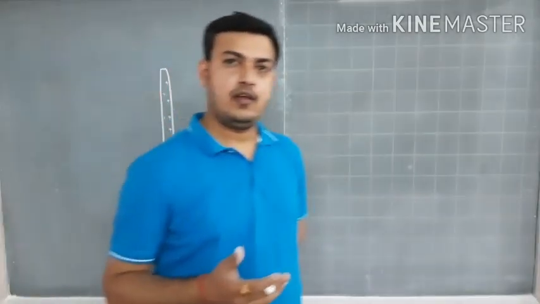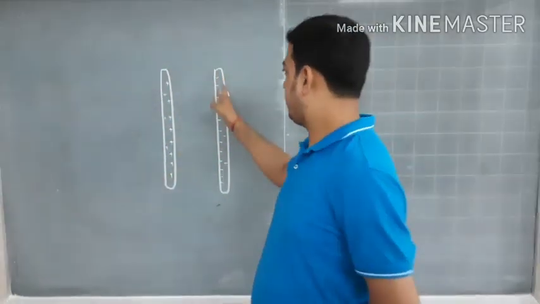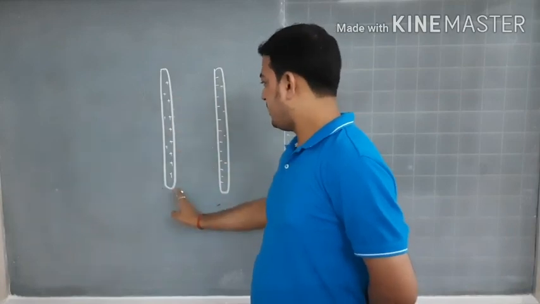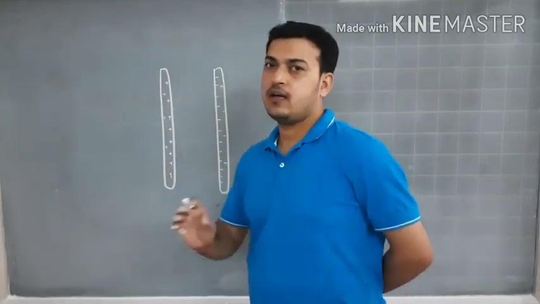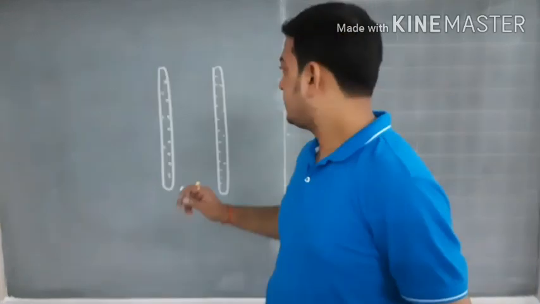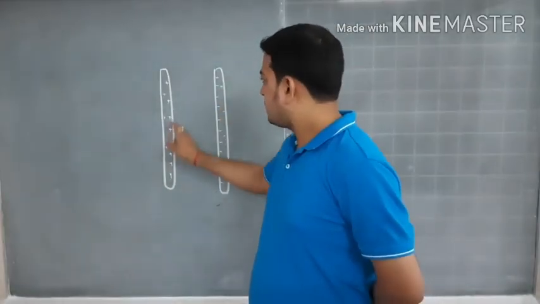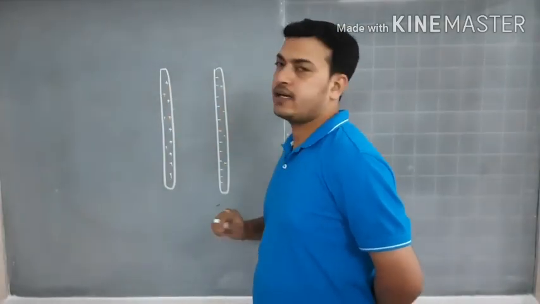So if I place two thick plates close to each other, and if I provide an equal and opposite charge on them, then the distribution of charge will take place like this.